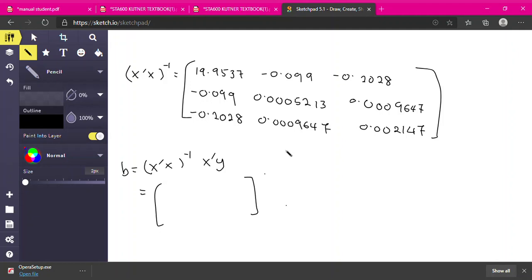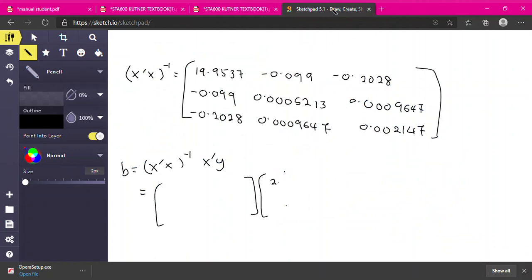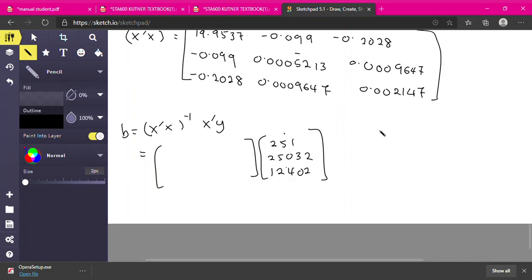Multiply with matrix X transpose Y from before, which is 251, 25032, and 12402. So earlier we defined matrix A as X transpose X.